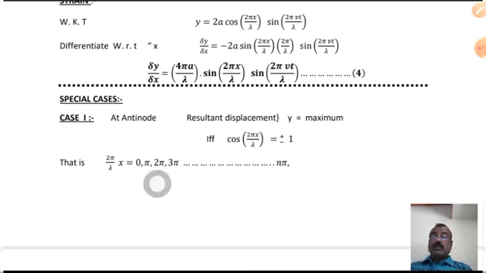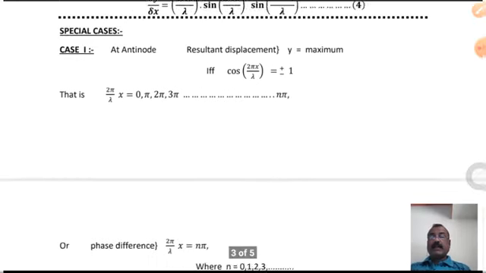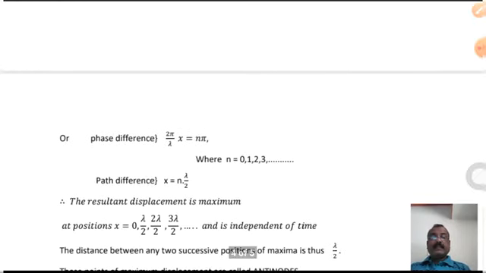If cos 2 pi x by lambda is plus or minus 1, then 2 pi x divided by lambda should be either 0 or pi or 2 pi or 3 pi. Like that we can write n pi. That is, the phase difference 2 pi x by lambda is equal to n pi.